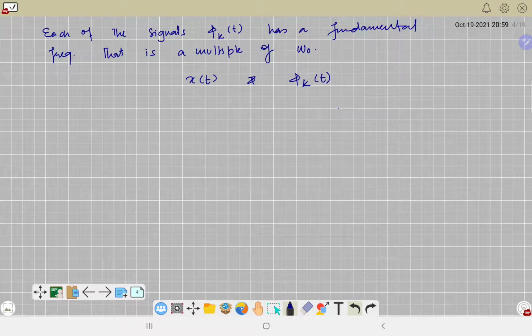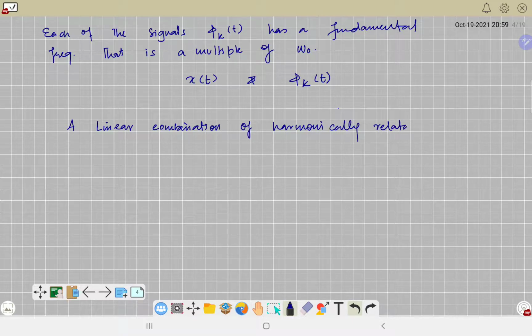Okay? And now as a next step, I will express a signal as a linear combination of these harmonically related complex exponentials.